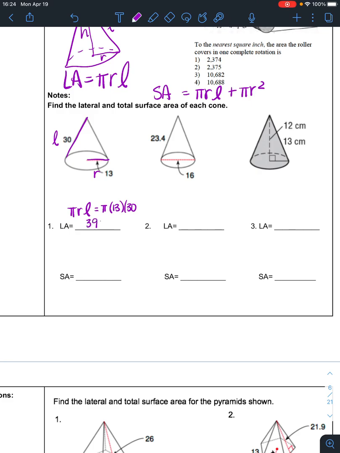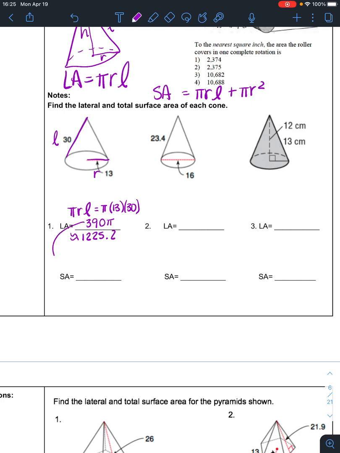That gives me 390 pi. I multiplied everything except for the pi, and that gives me my exact answer. Or my approximate answer is 390 times pi, actually multiplied out, and I get 1,225.2, rounded to the nearest tenth.